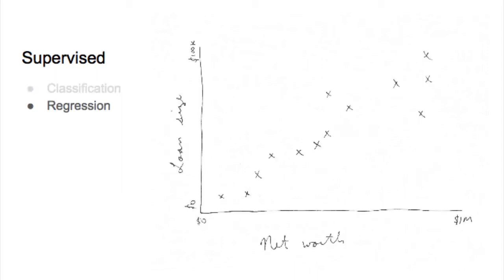Now, if you're trying to find out how much of something is, so if I was a bank and I was trying to decide how much credit I should extend to a person, you're going to have to use a regression algorithm. And regression is very similar to classification in that you still have a number of input features and an output of some sort. Here it's a little bit confusing because only the x-axis is an input. On the last slide, both x and y were inputs, and then the plus or minus was the output.